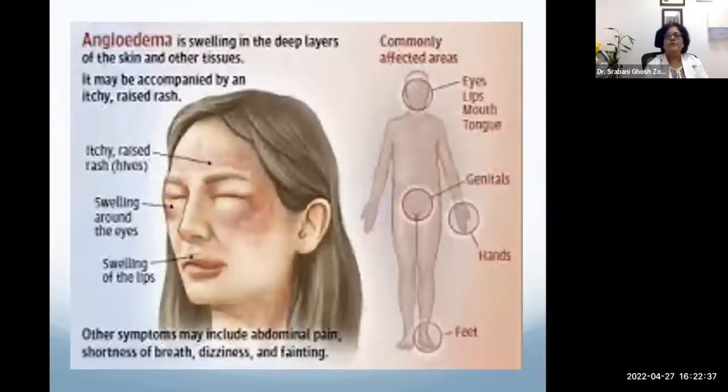So angioedema is the swelling in the deep layers of the skin, and it can be accompanied by urticaria. Other symptoms include abdominal pain, shortness of breath, dizziness, and the commonly affected areas are oral mucosa, larynx, genitals, hands, feet. There can be abdominal swelling as well, and the patient usually complains of abdominal pain.